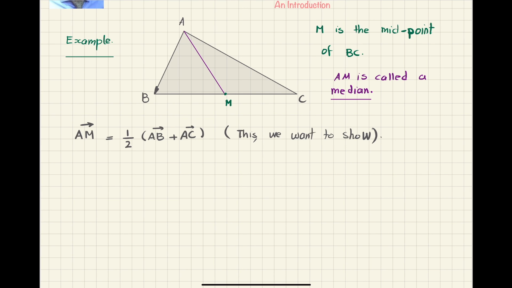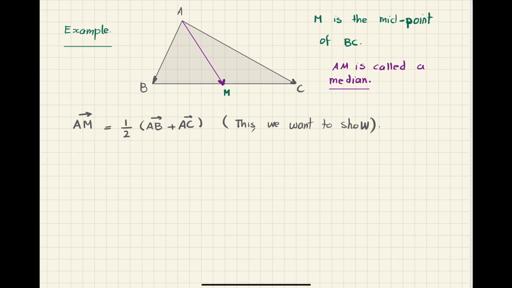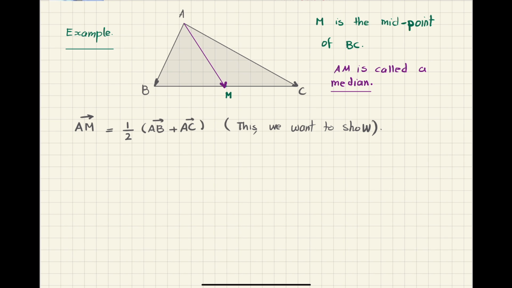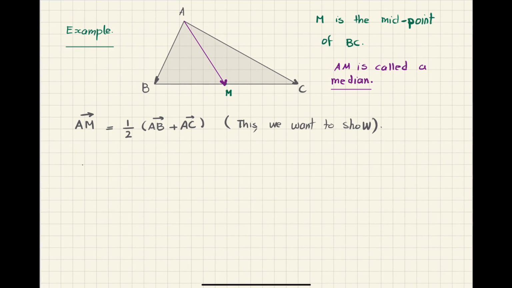So this is my vector AB, this is my vector AM, and this is my vector AC. Okay, so in this triangle that you see here, I can write a relation for AM and AB. Let me write in triangle ABM, what can I write?